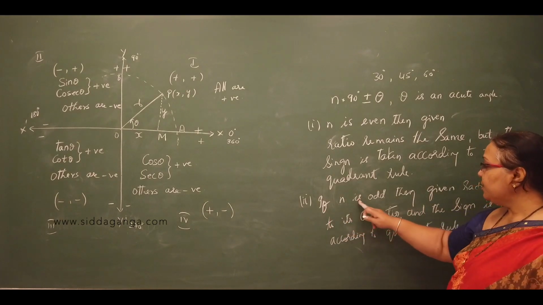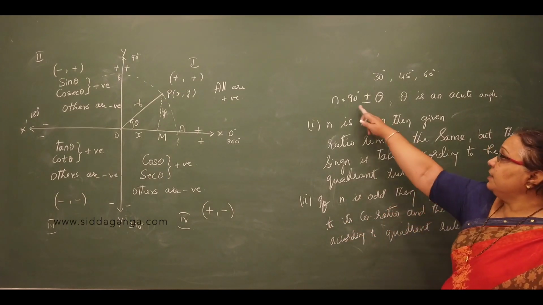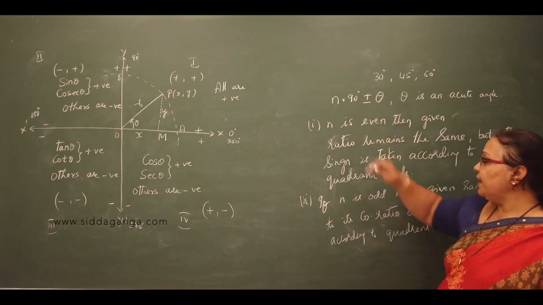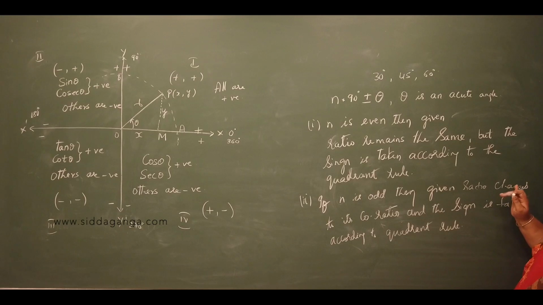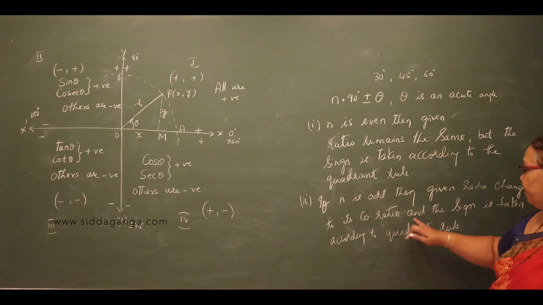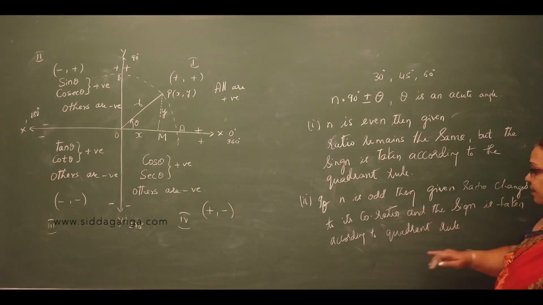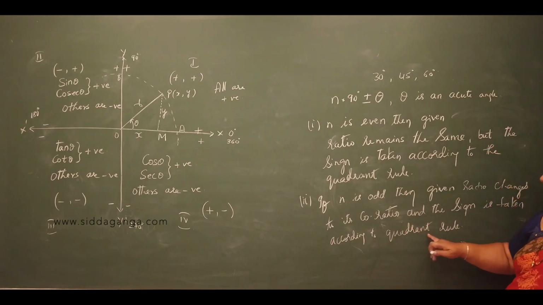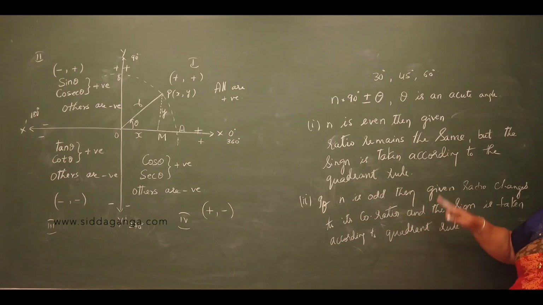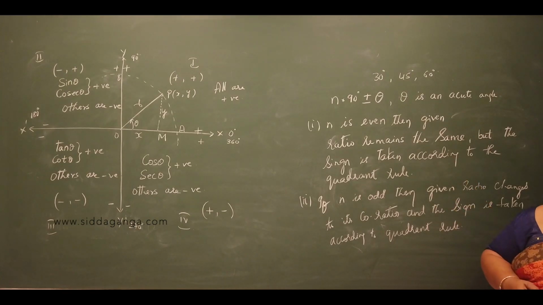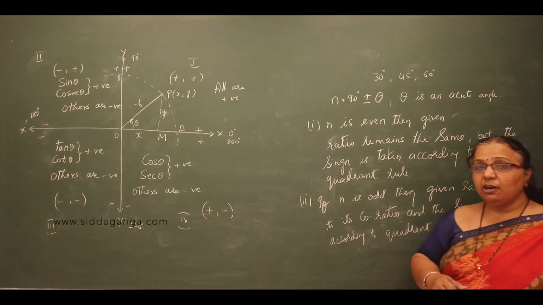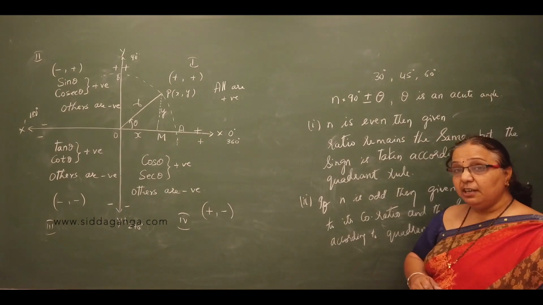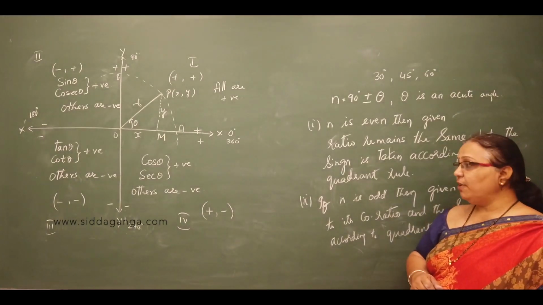If n is odd, we must change the given ratio to its co-ratio, and the sign is taken according to the quadrant rule. We use this property while solving problems in inverse trigonometric functions.